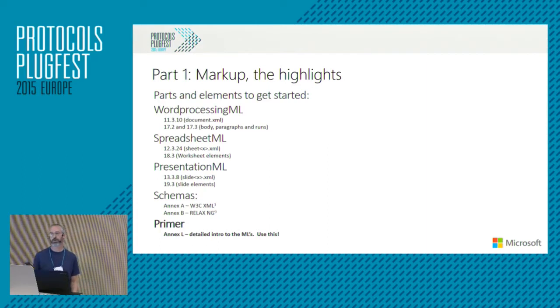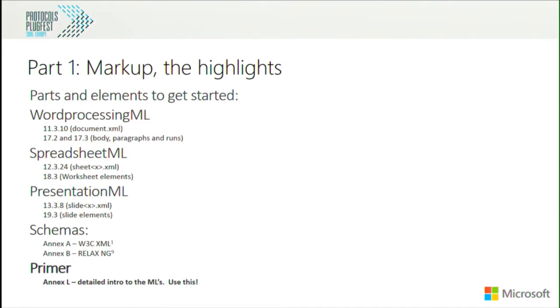So the highlights for part 1 are listed here. I did this as a reference for people starting out. For example, for word processing ML, going to section 11.3.10 will get you directly to the document XML part within the package, how that's defined and what's in it, and that's generally what people want to start with when they're looking for a word processing document to extract text or pictures or whatever.